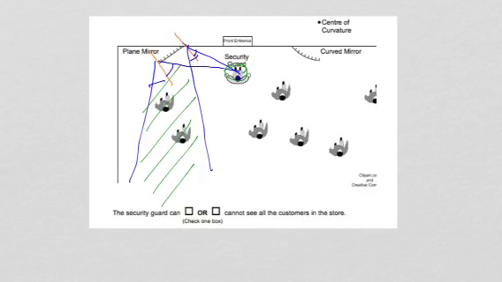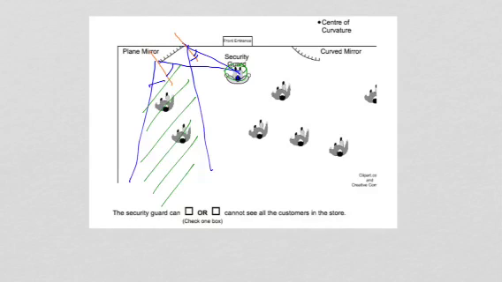Where it gets a little bit different with the area that can be seen with a curved mirror is that you actually have to use your center of curvature. There's a reason they give you that center of curvature coming out at the back of the mirror, basically through the wall.